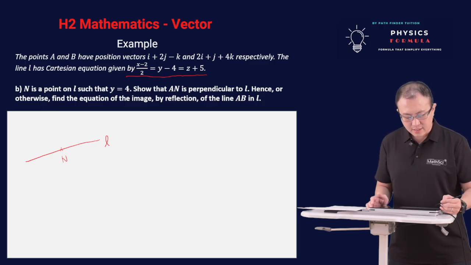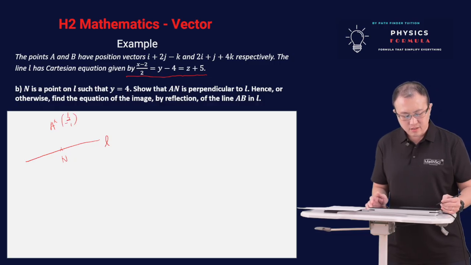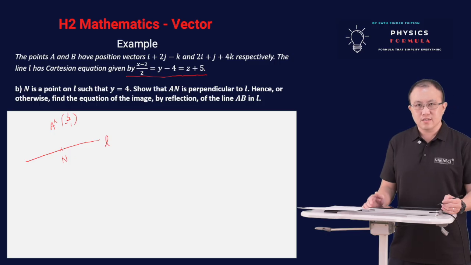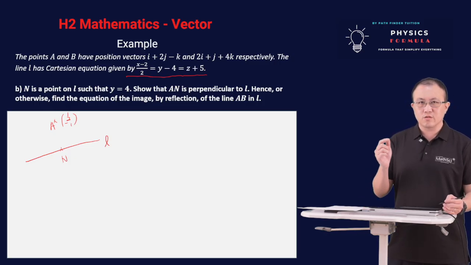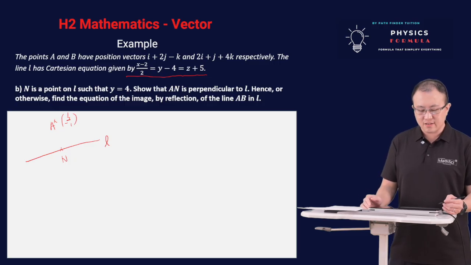Then after which they want you to show that AN is perpendicular to L. So point A will be here, and point A, we know the coordinates itself. So this is 1, 2, minus 1. So to find out whether this is actually perpendicular, we need to first find out what N is.